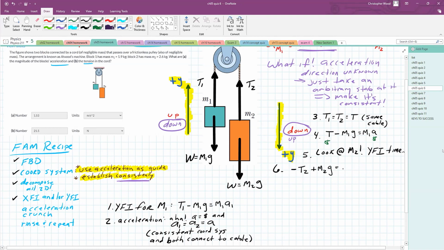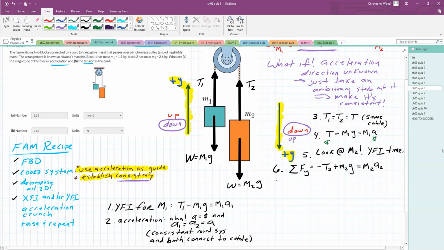The sum of all of those Y forces acting on M2 is negative T2 plus M2G. Those are all of my forces. What does it equal? MA. Mass of 2 times A of 2.